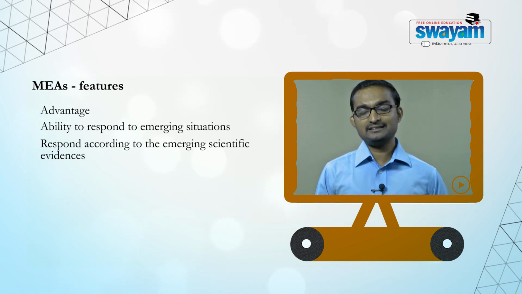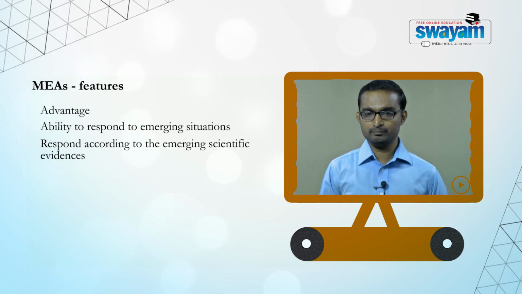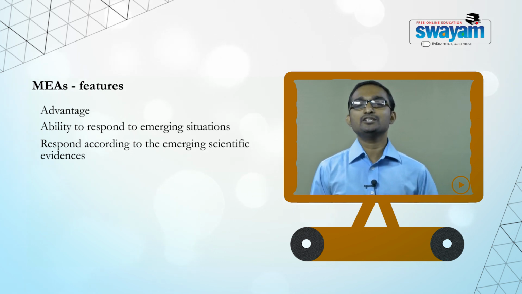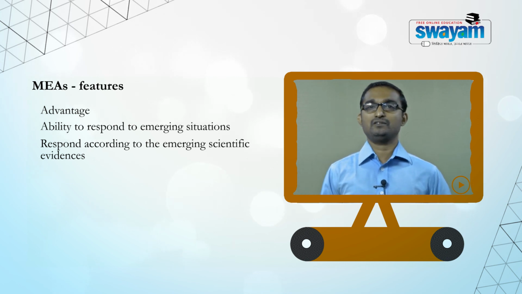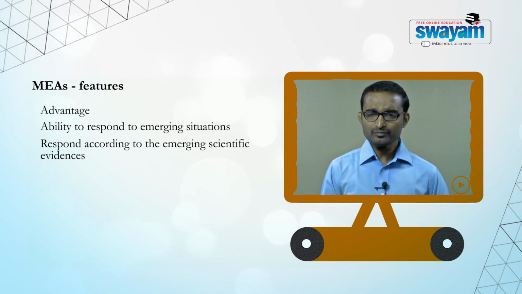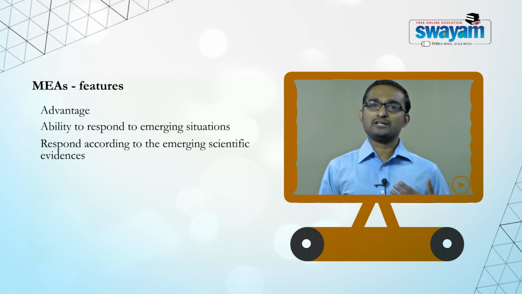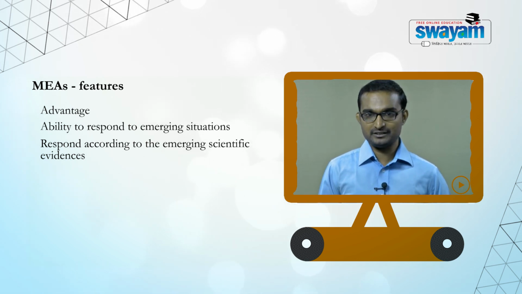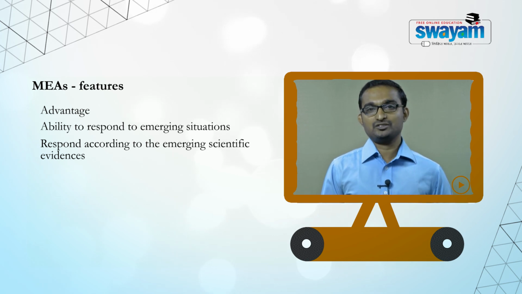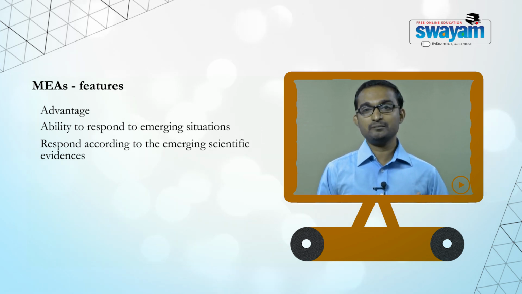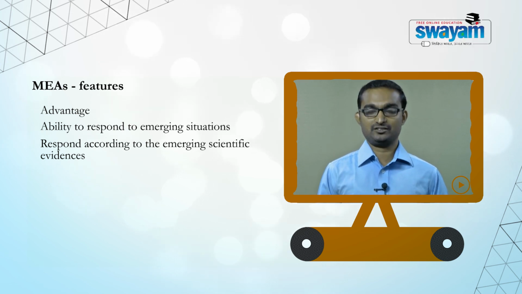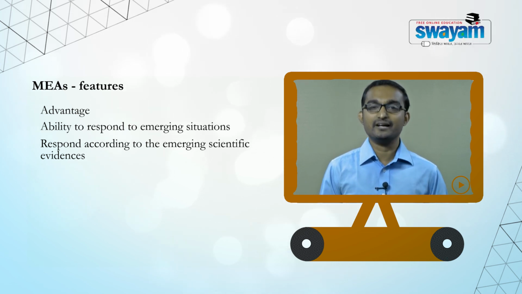The second one is, as I already mentioned, that it equips the international community to respond to emerging scientific evidence. Say for example, we still are not 100% sure about many of these environmental issues, including climate change. So our responses, the regulatory tools and measures, should be according to the emerging scientific evidence, or according to our latest understanding.